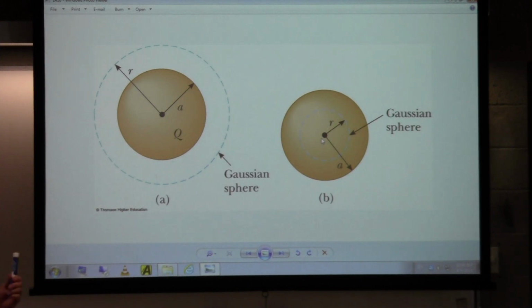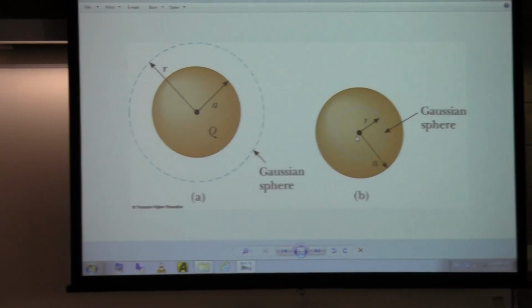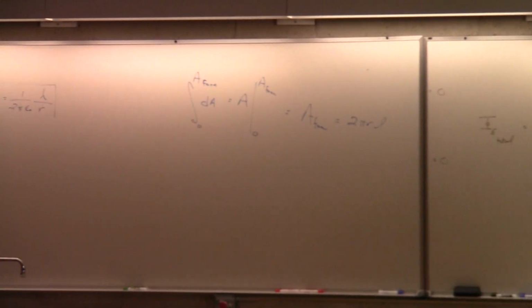And again, this one, if I had more time, would be brutal to do with Coulomb's law. It will be trivial to do with Gauss's law, at least as long as you see the technique of Gauss's law and how you get the direction of the electric field and the strength of the electric field. So let's try another example here. All right, so I'm going to come over here.